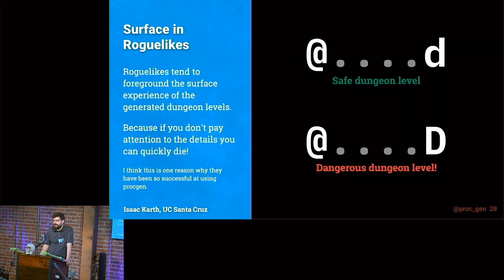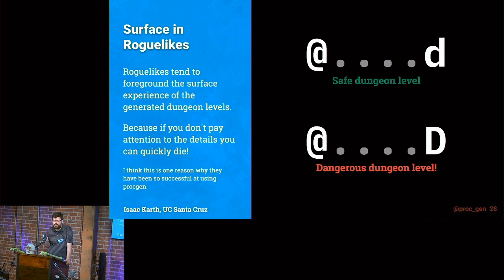But on the other hand, I think that in roguelikes, the way that individual details matter a lot tends to keep the player focused on the surface even as they become more familiar with the generator. Because it matters a whole lot if that thing you encounter in the dungeon is a lowercase d or a capital D. You want to be able to tell which one's the dragon.